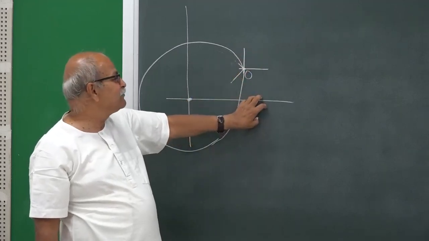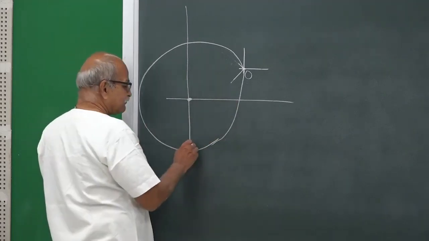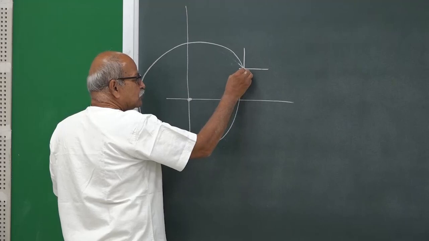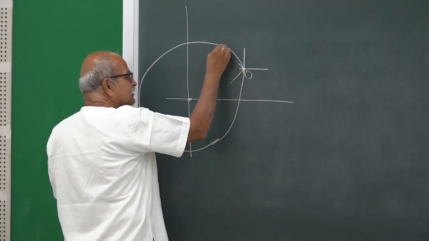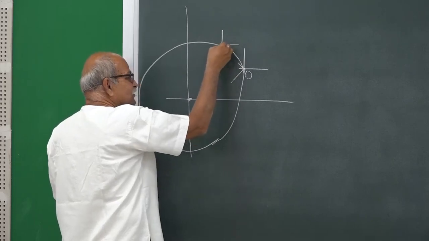That means, as time passes, as seen from this inertial frame, the origin goes here, but the axes remain in the same direction.